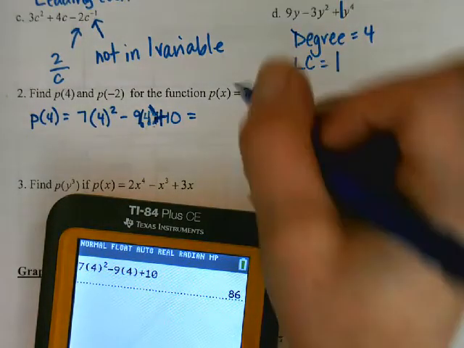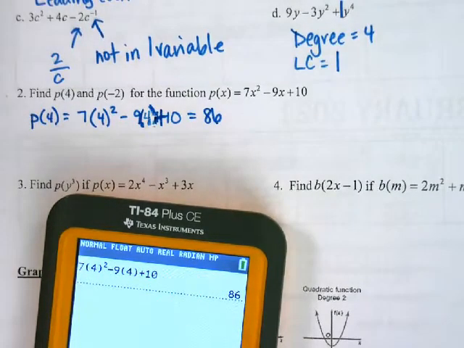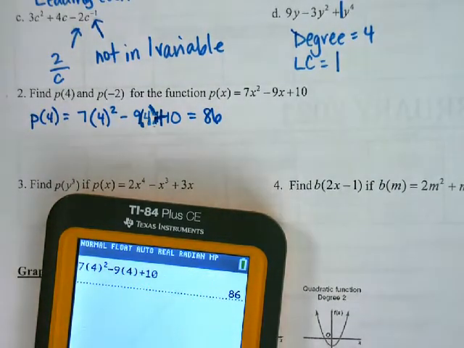So you should get 86. That means the ordered pair 4, 86 is on my graph. Let's go check it out.